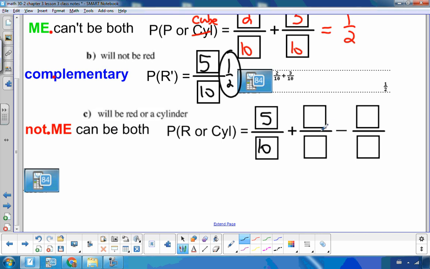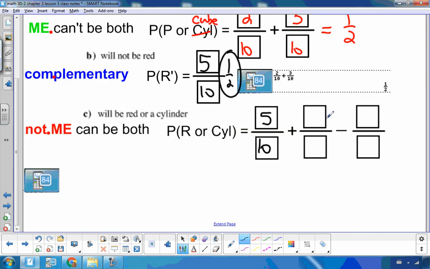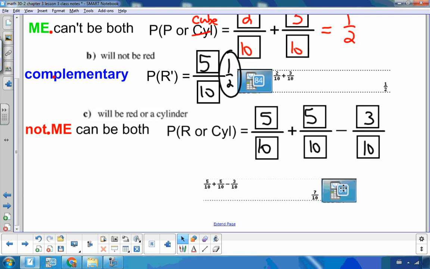The probability of it being a cylinder, up here I had 5 cylinders, 5 out of 10. Subtract the not-red cylinders. So there are 3 out of 10 that are red cylinders. So you can add those together, just simply put them into your calculator, and in lowest terms you get 7/10.